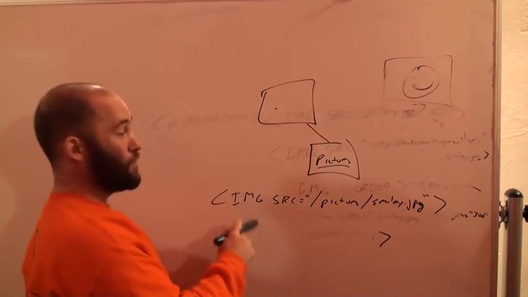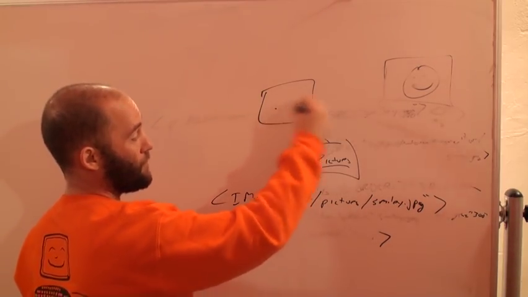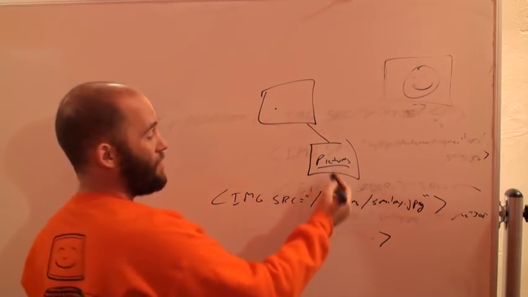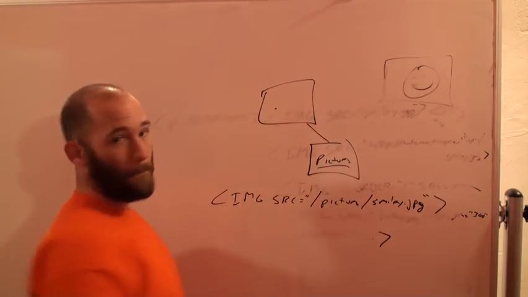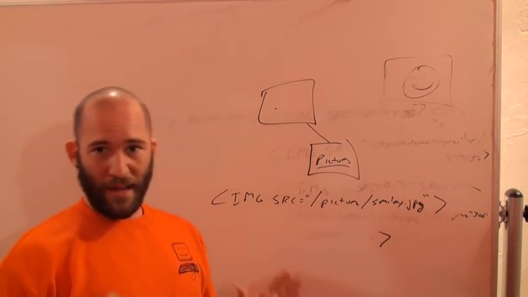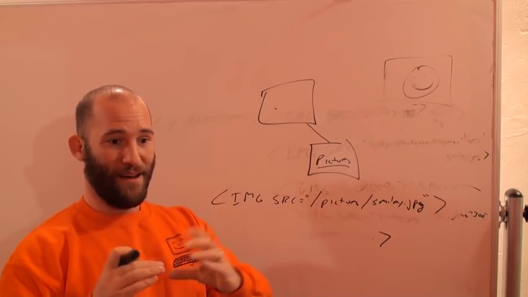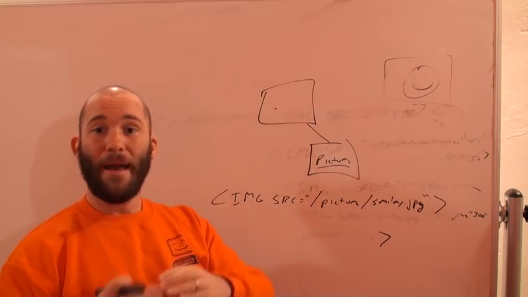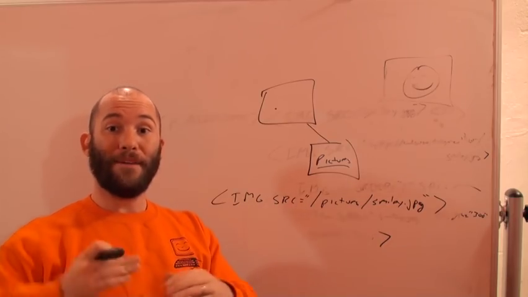And so what this will do is it tells the HTML to go into the pictures folder, and then in the pictures folder use smiley.jpg. Now, when you're creating these web pages, the picture that you want may be in folders below you, or it may be in folders above you.